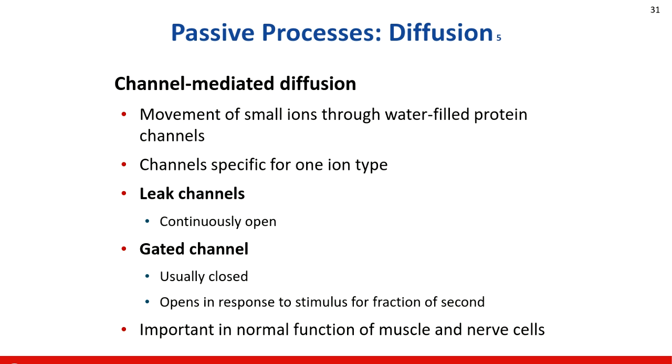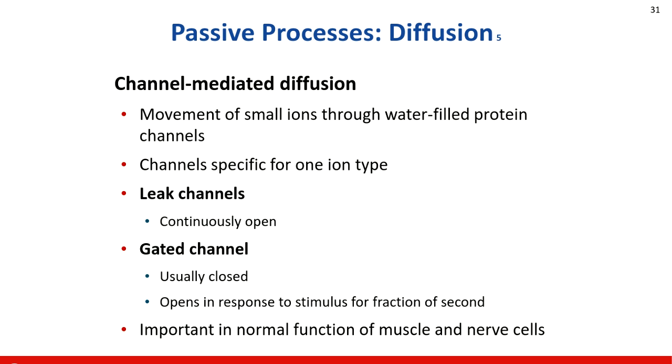The first one, channel-mediated diffusion, remember I was talking about this with the transport proteins, you'll have these channels, and it's kind of like this opening that they establish with the plasma membrane, right? And it's filled with water, but these channels allow for the movement of these small charged particles, ions, so sodium, for example.